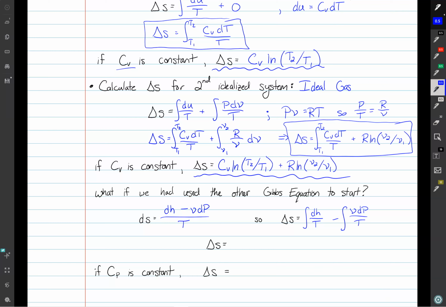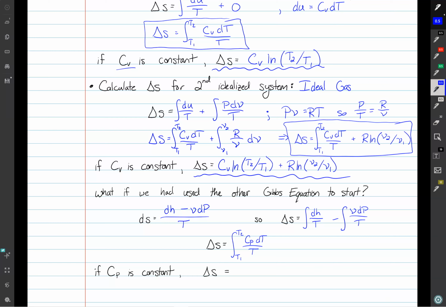So we would have to plug in what each of those are. So we're going to substitute in for dH. Now not CV, that will be CP. We're going to use the ideal gas law.